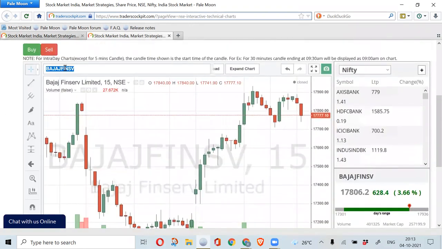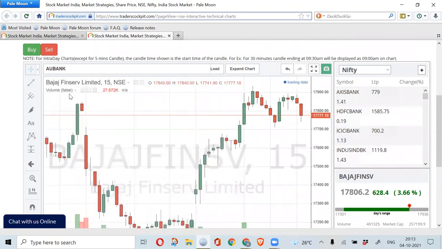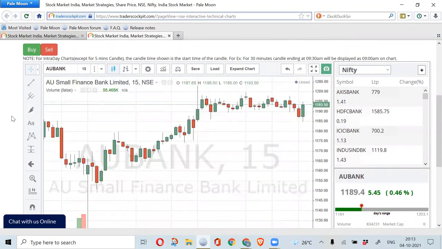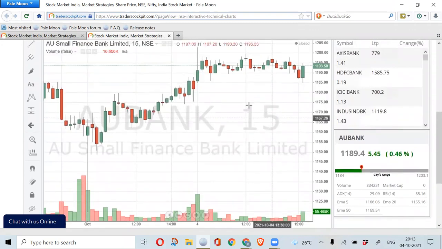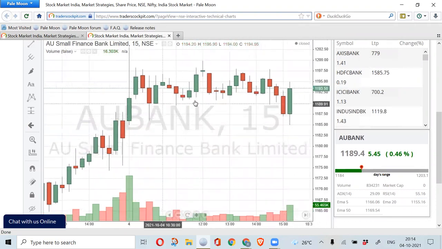I am opening AU Bank first. So if you see AU Bank, today morning, a bullish setup formed at 10:50 with a greater number of green candles, and then it maintained range bound. It didn't hit our stop loss on that day. It maintained range bound.